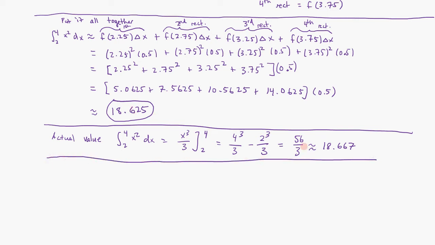That's what we call the error, so how much the approximation is off from the actual value. The absolute error is how much this is off from the actual value.